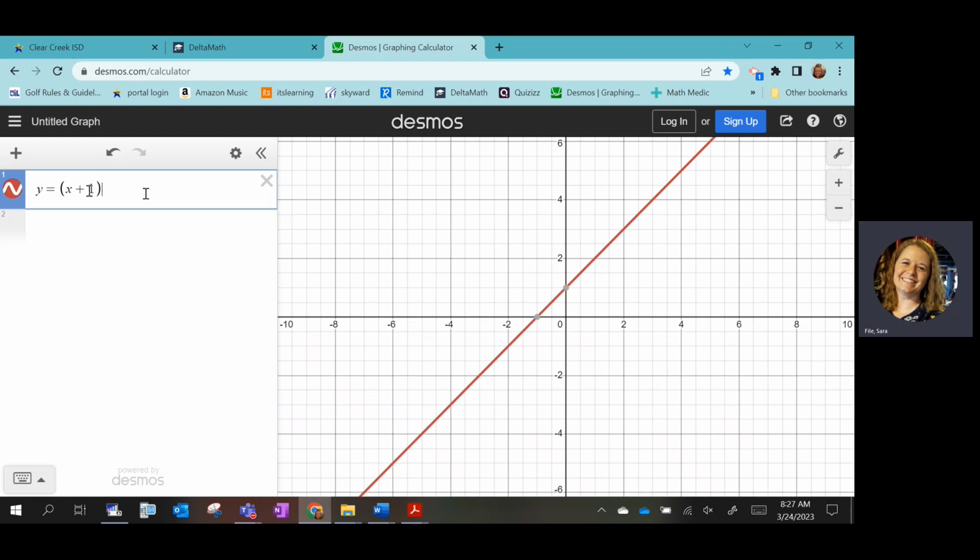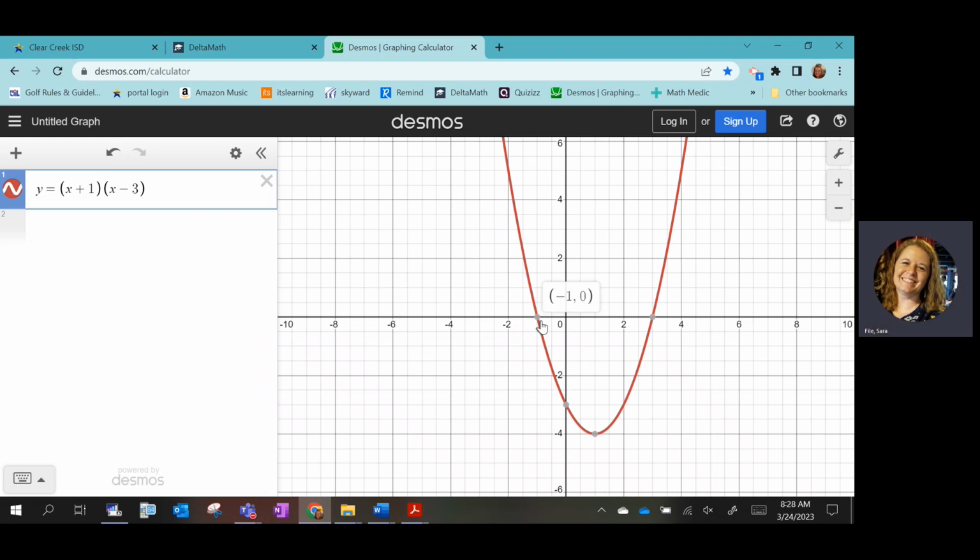So it was (x plus 1) times (x minus 3). We got those x-intercepts correct at -1 and +3. And you can see here the vertex is at (1, -4).